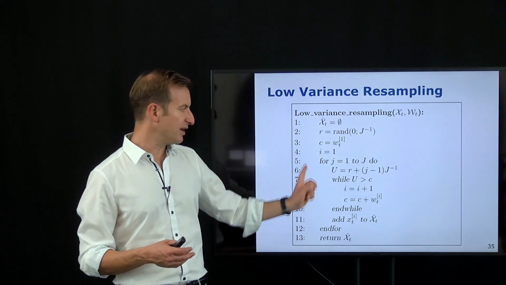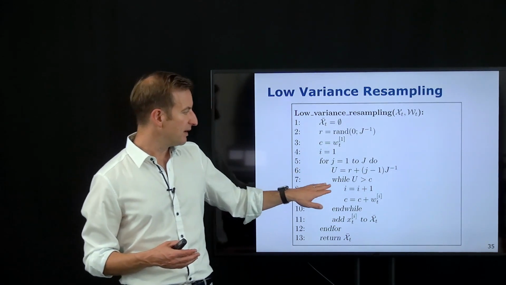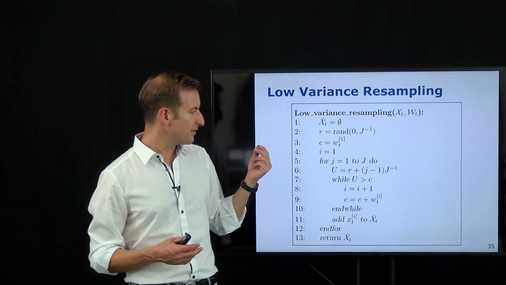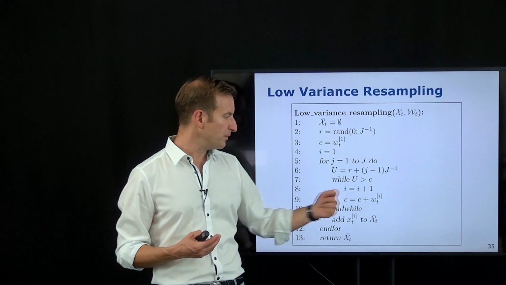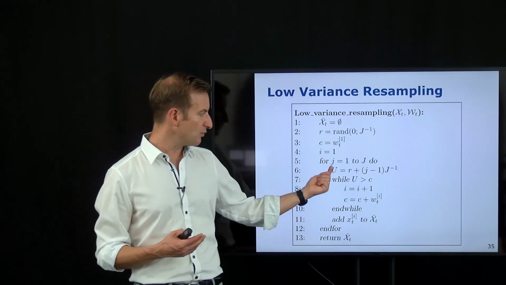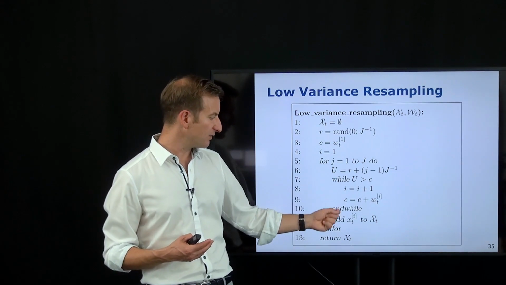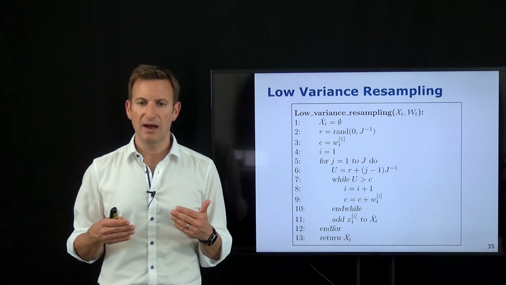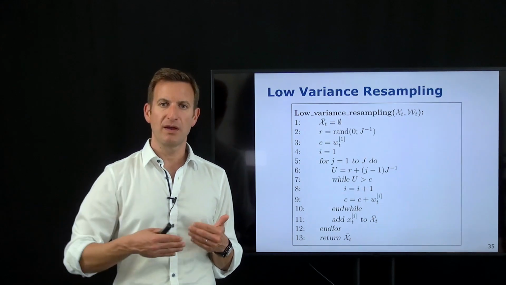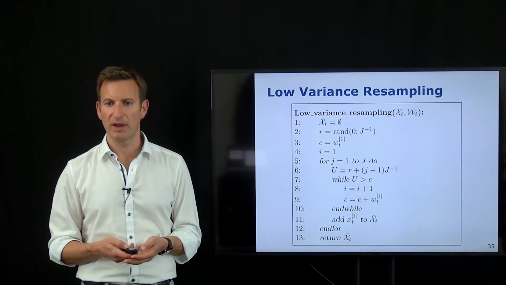So u is the indicator which sample I'm choosing, and while u is larger than the current position in my cumulative array, I jump to the next bucket, compute the next value of the cumulative array, and repeat this until this is not the case anymore. I pick my sample and I continue. And in this way, I'm drawing j samples in a stochastic universal resampling way.